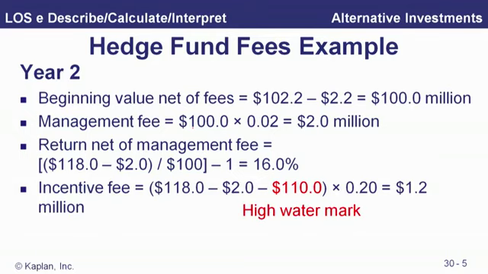But we had to take account of that high water mark. So we're just talking about the highest previous value that it had and how much above that. So that's why we're using that 110 there.